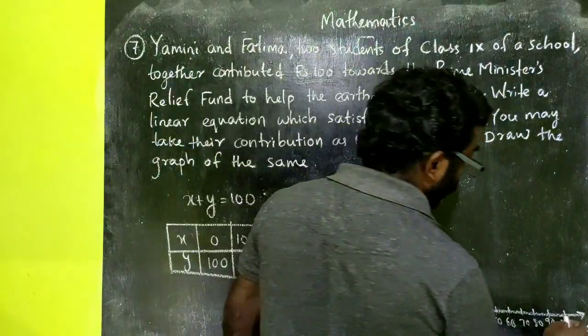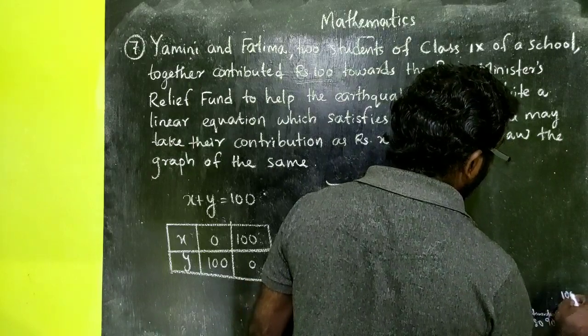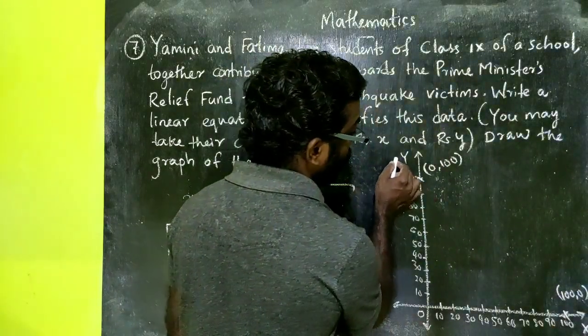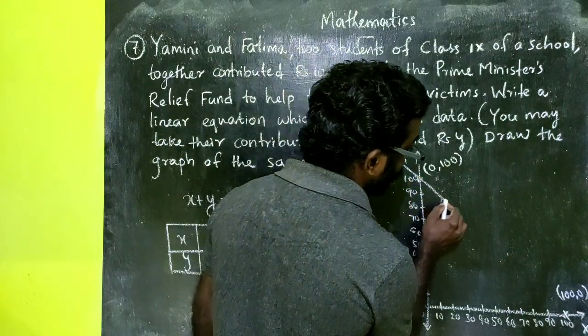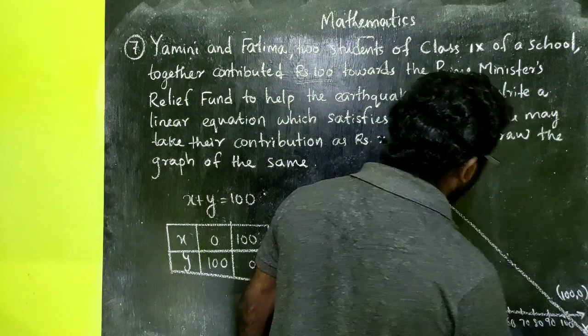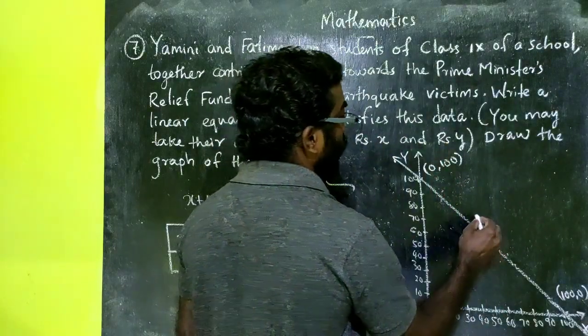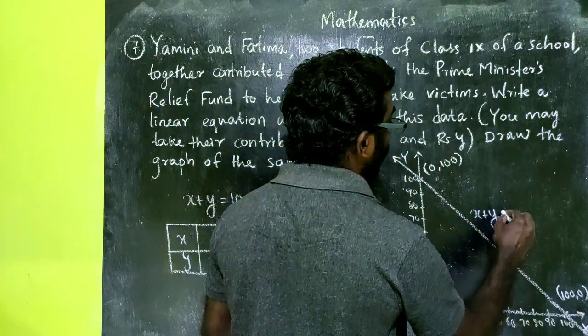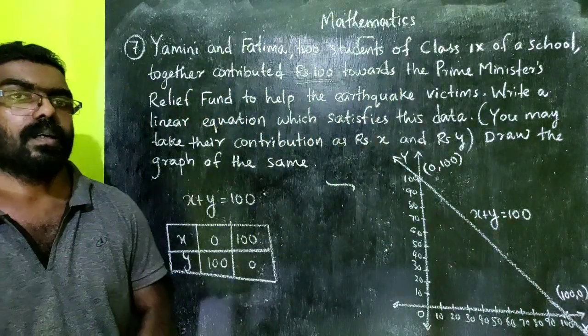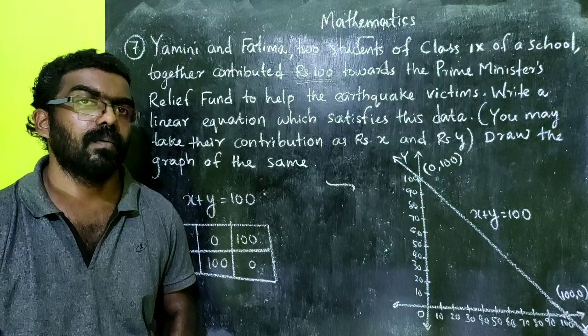Then (100, 0), here we can mark it. Now we can join these 2 points. So x plus y is equal to 100, and this is the required graph. Understood?